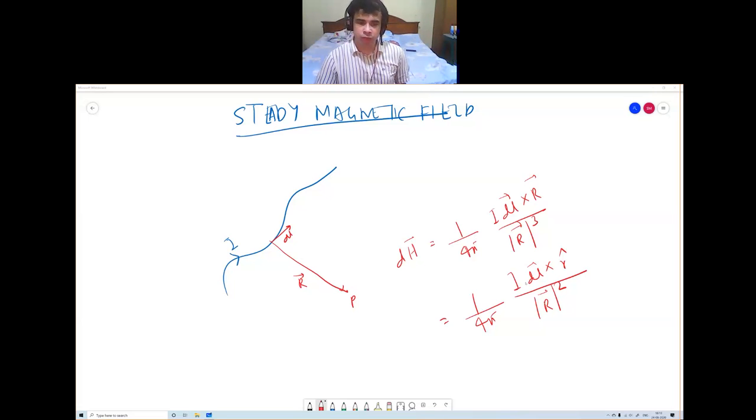H is perpendicular to both dl and r, because it has a cross product. H is a vector because the cross product of two vectors is a vector, and it is perpendicular to both dl and r. Is it okay?